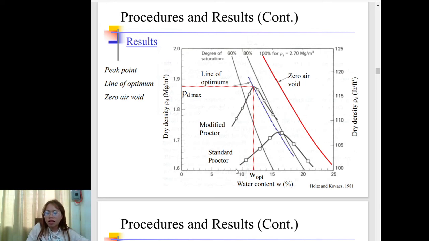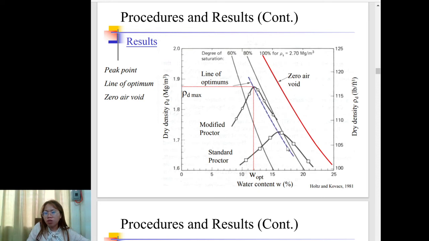So as you can see, increasing the compactive effort, that is modified Proctor, will also increase the dry density, but with a smaller optimum water content.